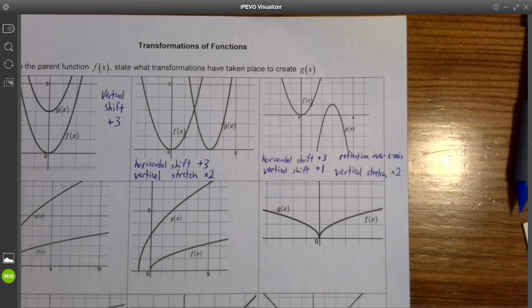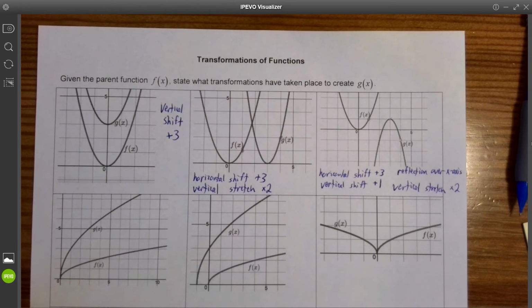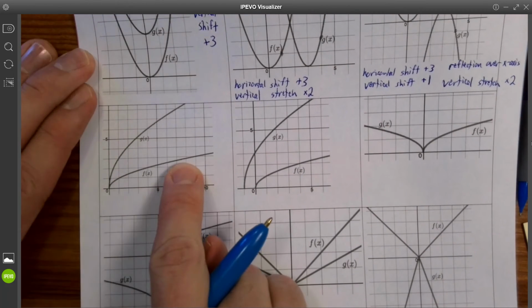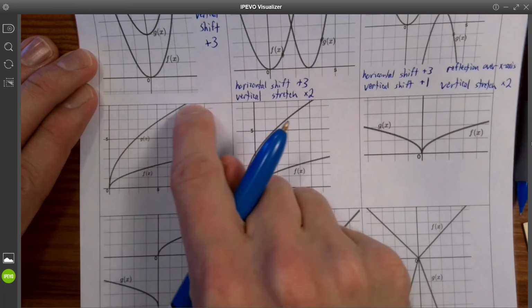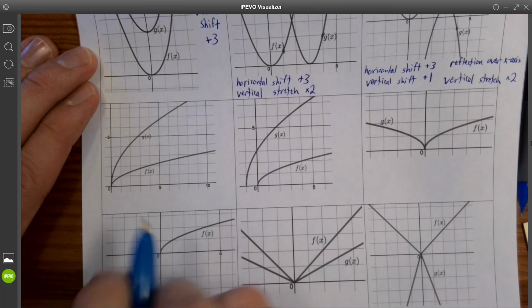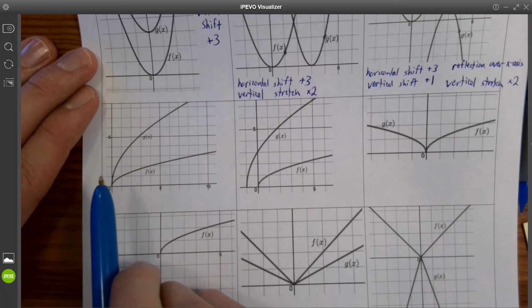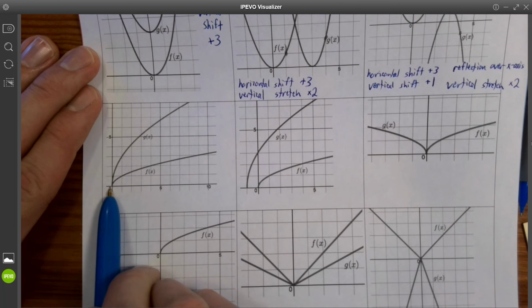Okay, so we've gotten a little bit of vocabulary taken care of, just kind of looking at it, identifying it, and seeing what's going on. So let's keep moving, and this will speed up just a little bit. Here's the parent function, and here is the one that has had some modifications to it. Well, it started at the origin, the other one starts at the origin, so there's no horizontal shift, no vertical shift, but I do see a vertical stretch.